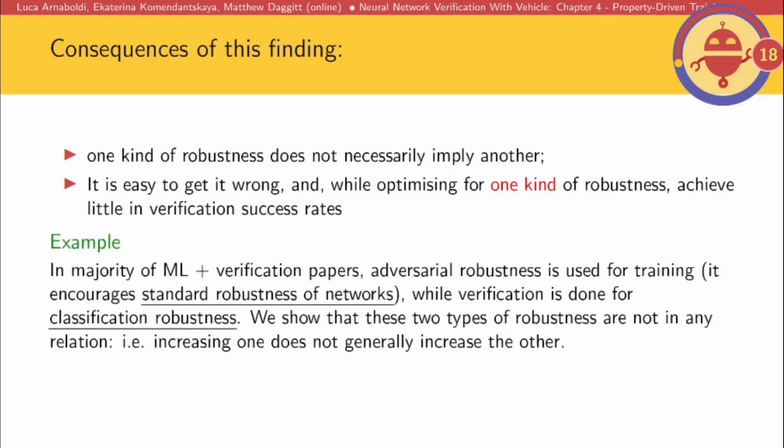A very good example is that in the majority of machine learning and verification papers, adversarial robustness is used for training. This is the one where we optimize loss with respect to the worst perturbation. It encourages what's called standard robustness of networks. But when you go to Marabou, they actually verify for classification robustness. There is something dangling there. Do you see that there is?